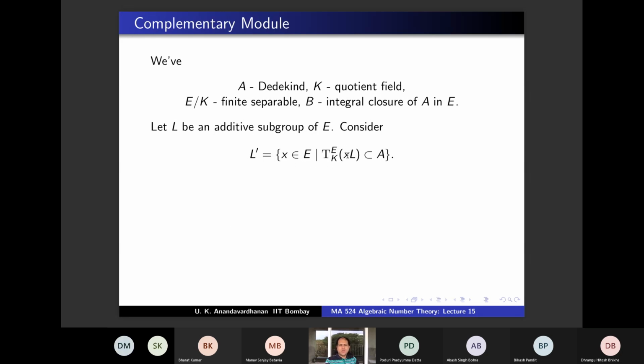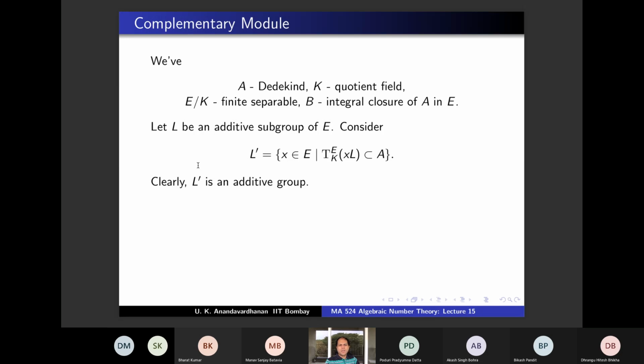It's not that xL is contained in B; I'm not saying xL is contained in B, but I'm saying the trace of xL is contained in A. So this is the definition of L prime. I hope the definition is clear. You can check easily that L prime is also an additive group. If x and y are there, then x plus y is also there, because xL plus yL is (x+y)L, trace is additive, and A is closed under addition.